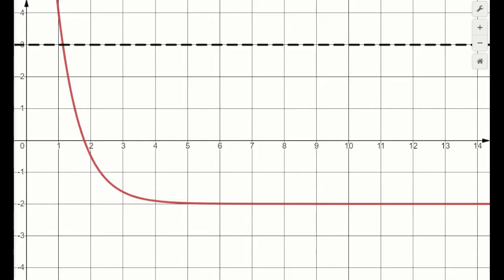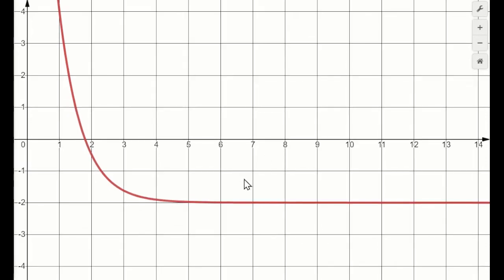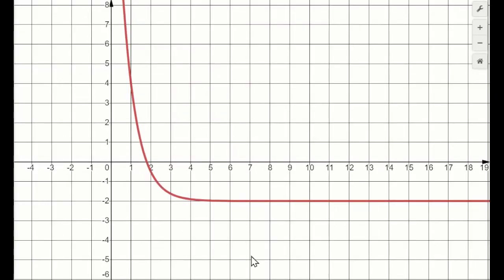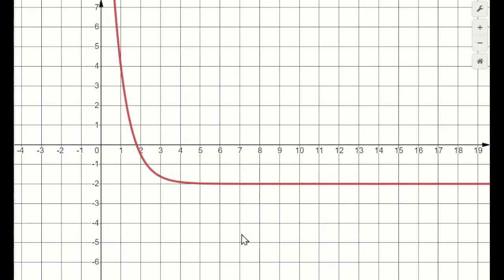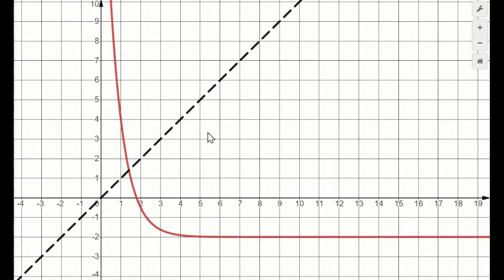All right, so now on the graph right here, before I show some math work, allow me to demonstrate the following. Here's our famous 45-degree line, and this graph in red is the graph of the function f of x equals 3 times 2 to the minus 2x plus 3, minus 2.